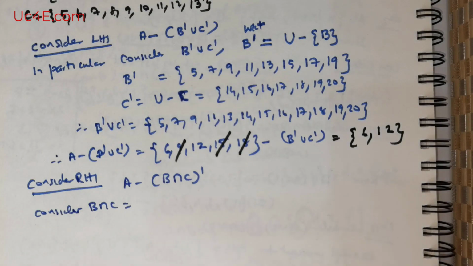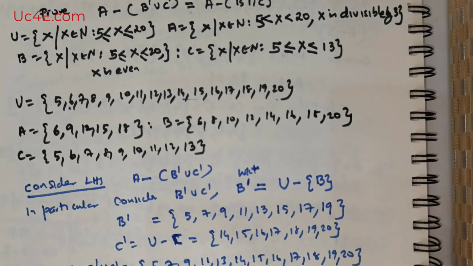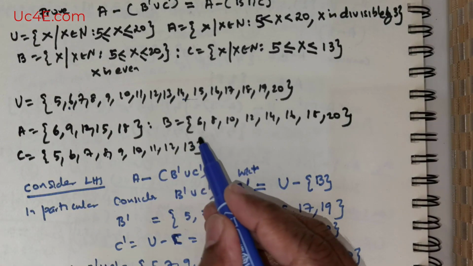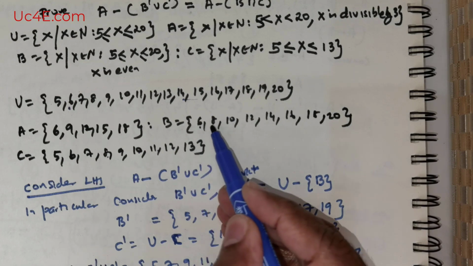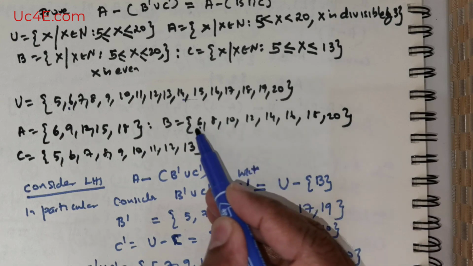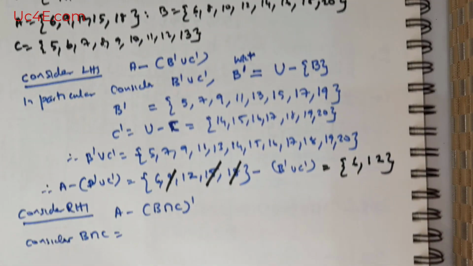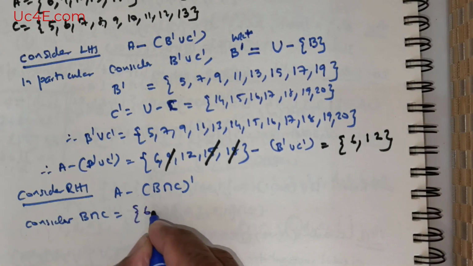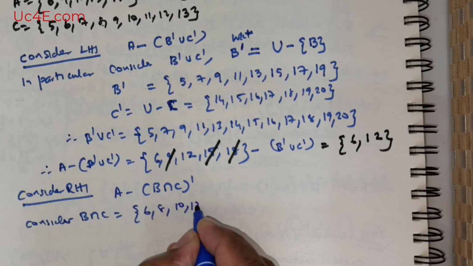I need to take you back to the question. My B intersection C: I've got a 6, an 8, a 10, and a 12. That's all. So this is going to be 6, 8, 10, 12.